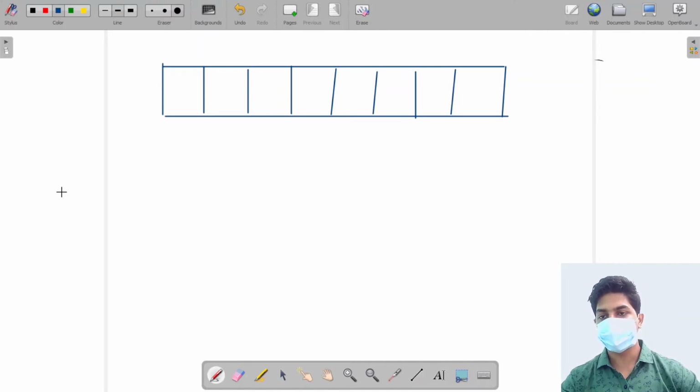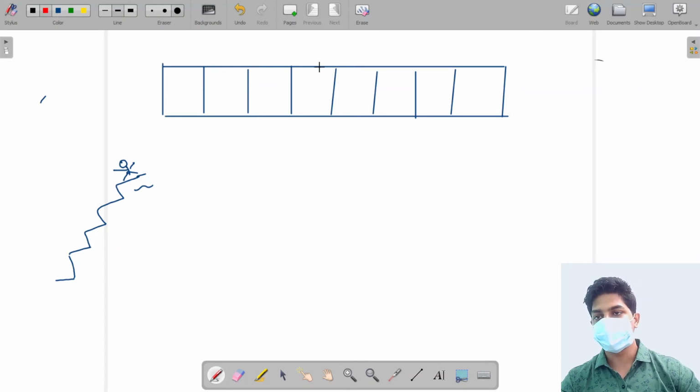As I have told you earlier also, if we are already on the top, how many ways are there to go to the top? There is only one way, that is just to stay over there, not to move anywhere else. That is the only way. So if we are on the top, there is only one way.